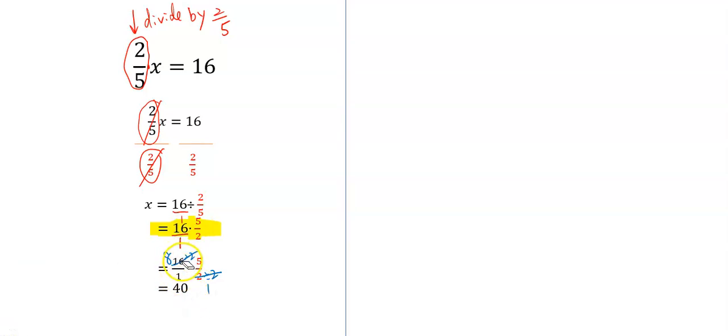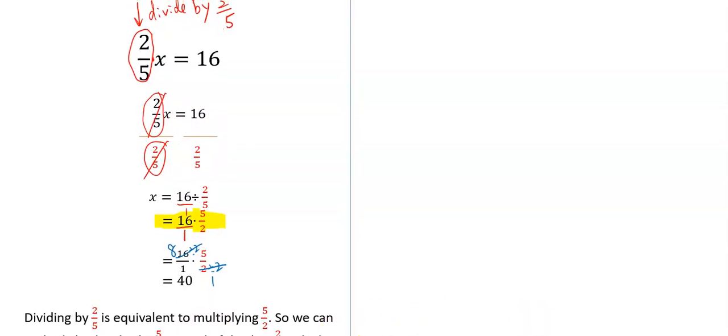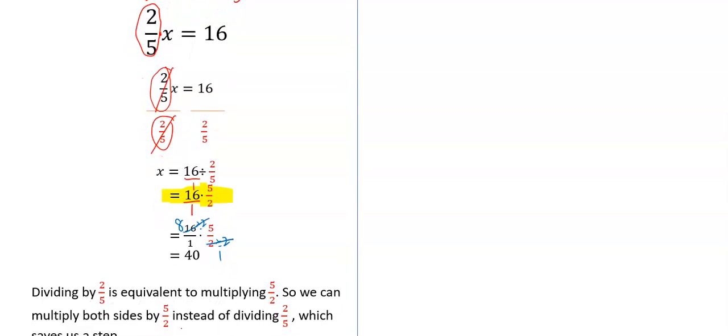So that's the answer. But notice that in this process, it's sort of complicated with the fraction in the fraction. So we're going to come up with a different way to do this, a quick way, more like a shortcut.